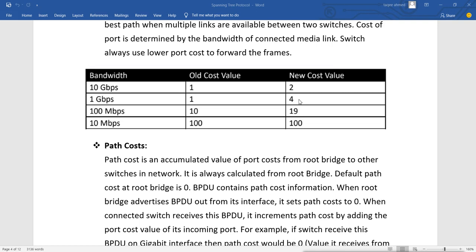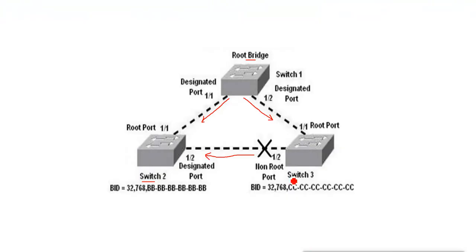Now based on this cost, it will calculate the total cost for the path, and then it will become the path cost. So for example, all these ports are 100 Mbps, so all the port costs will be 19. Now when the root bridge sends the BPDUs, it sends them with a cost of 0.